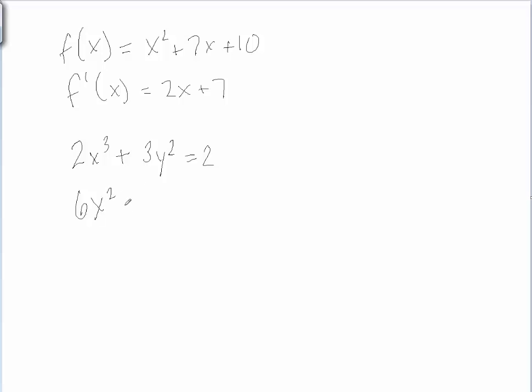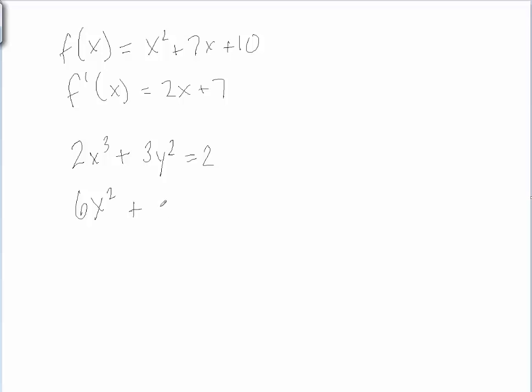Any place where the variable x occurs, it's the same as we normally do. So we've got 6x squared. Now for the 3y squared, we do a little something different. We have a chain rule.